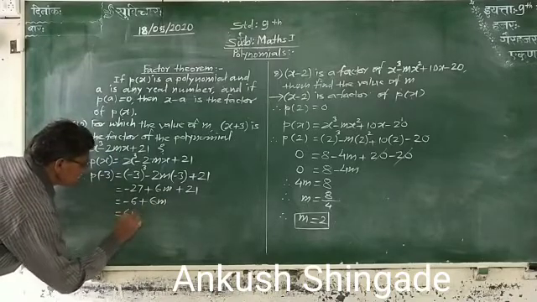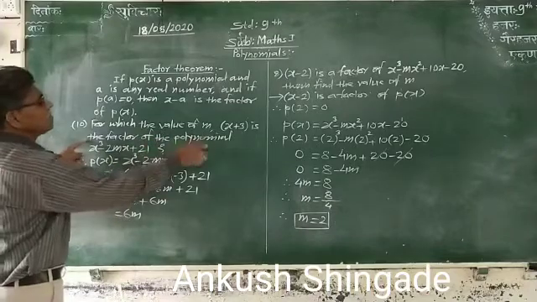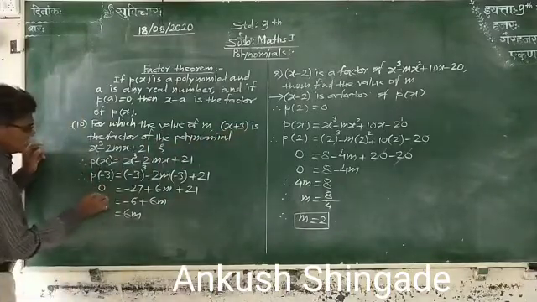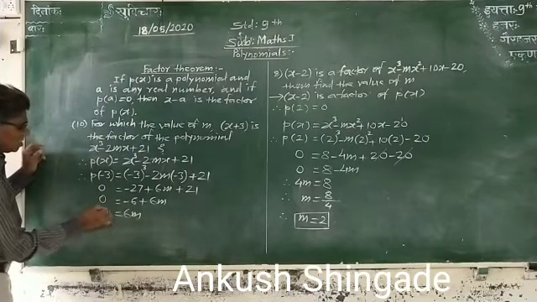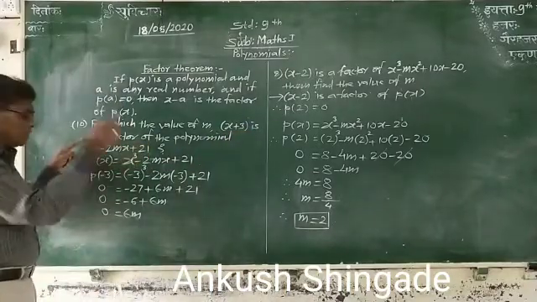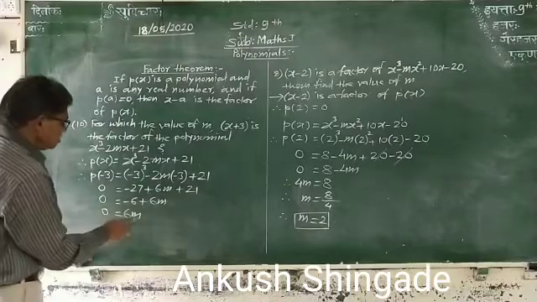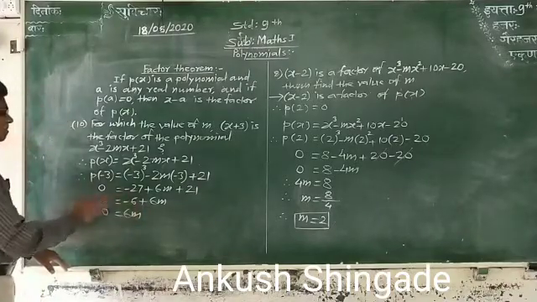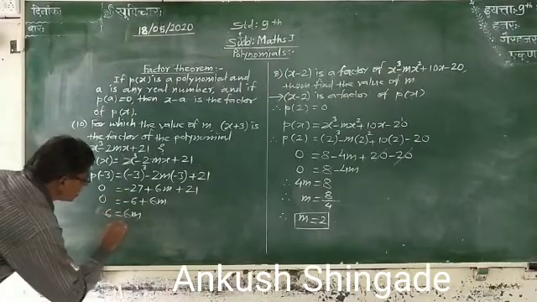If it is a factor of the polynomial, that means the remainder is 0. The information given in the question is that x plus 3 is the factor. If it is the factor, then the remainder is 0. So 6m, this minus 6 will get plus 6.